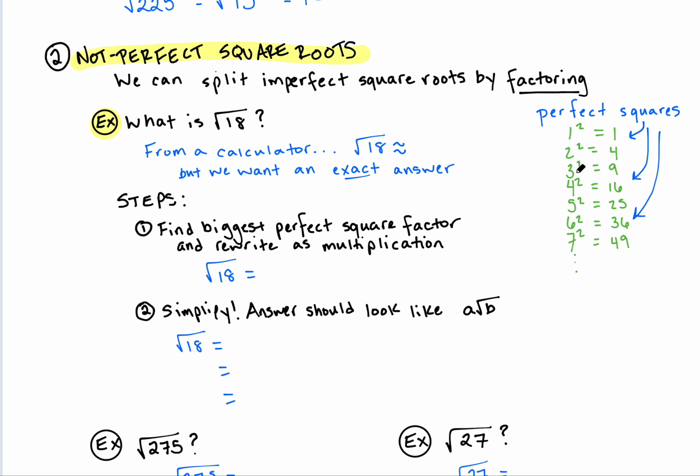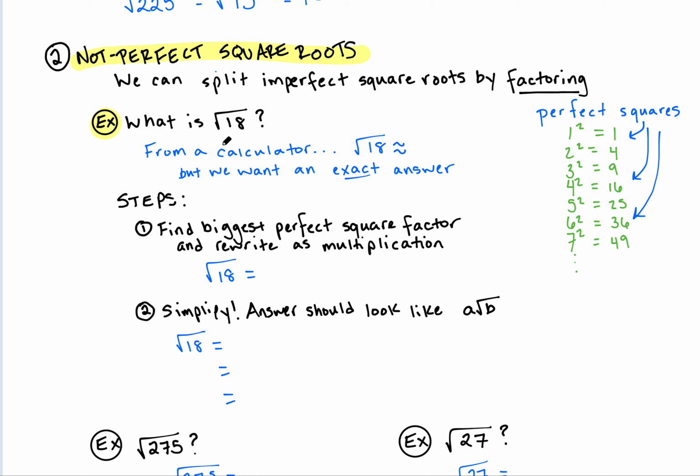But we want to be able to take some of these imperfect square roots and write them as nice clean answers. We do this by splitting our imperfect square roots by factoring. I've got 3 examples.